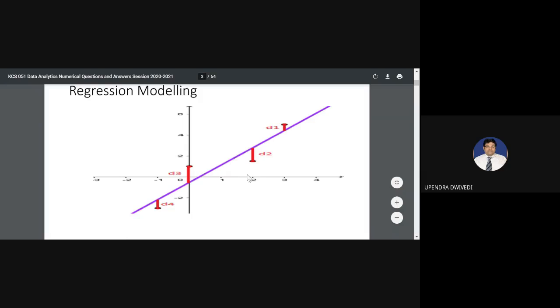Now, we have an x and y axis, and every data point is represented in the form of x, comma, y. If you try to find a relation, this line can be represented by y equal to ax plus b. This is a simple linear line.